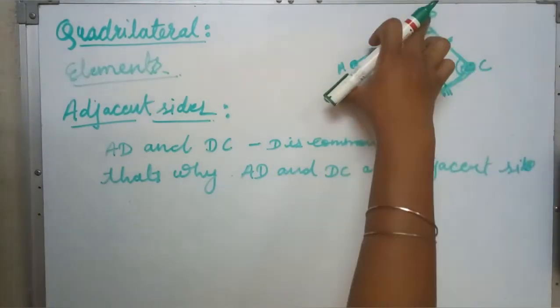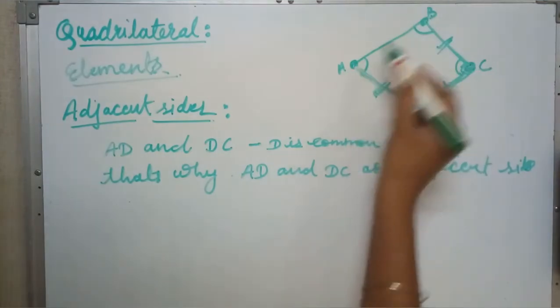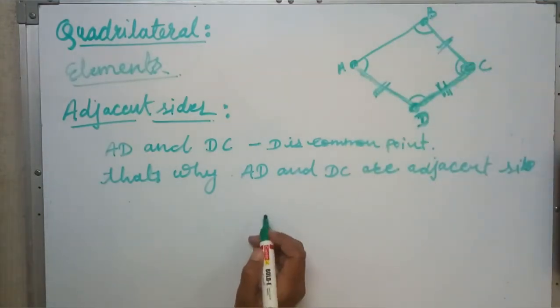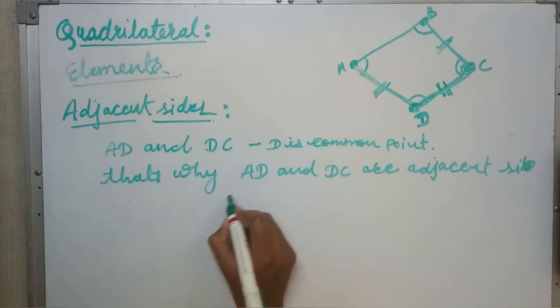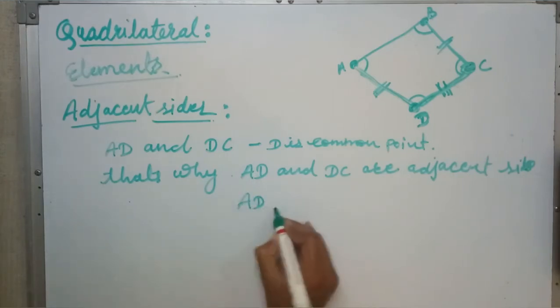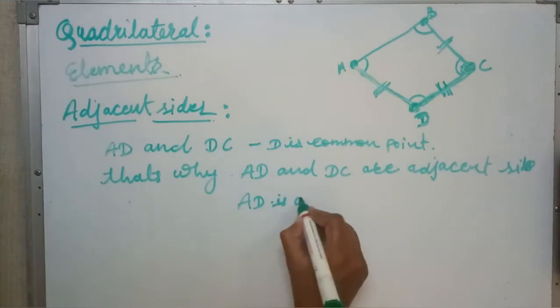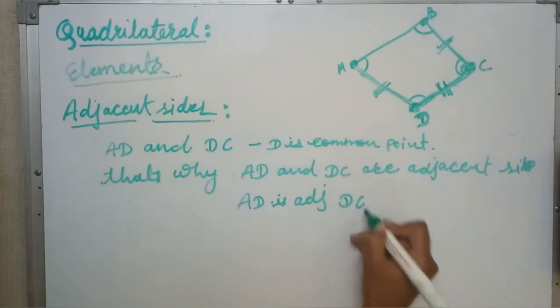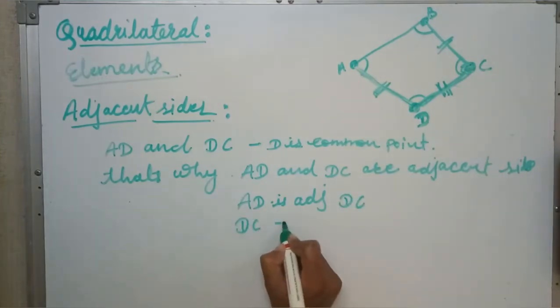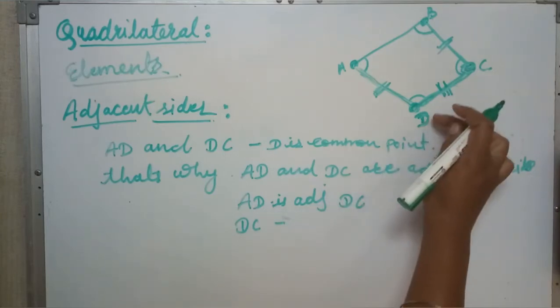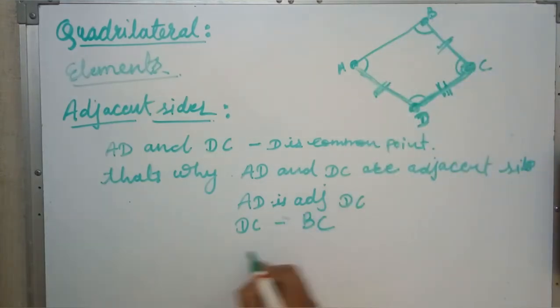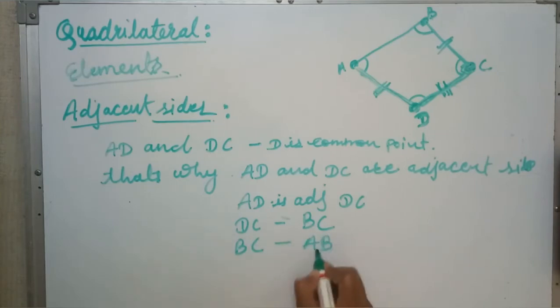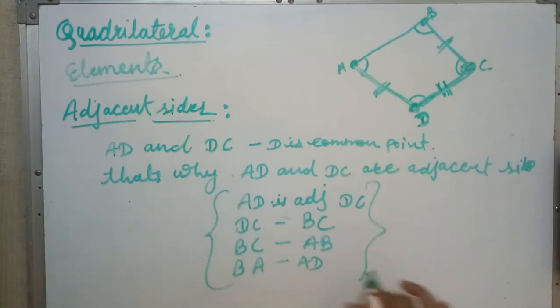If we take BC and AB, here B is common, so AB and BC are also adjacent sides. So the pairs: AD is adjacent to DC, DC is adjacent to BC, BC is adjacent to AB, and AB is adjacent to AD. These are all pairs of adjacent sides.